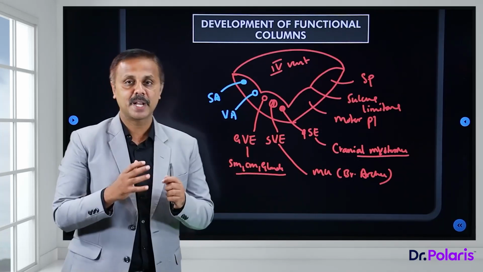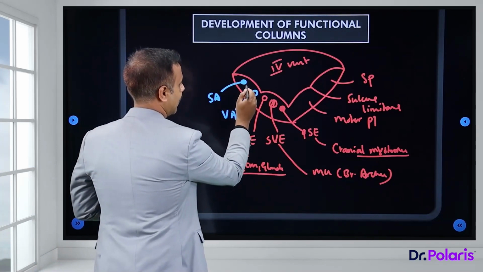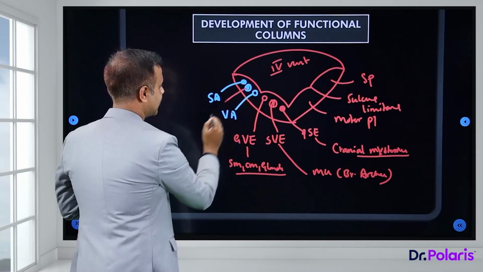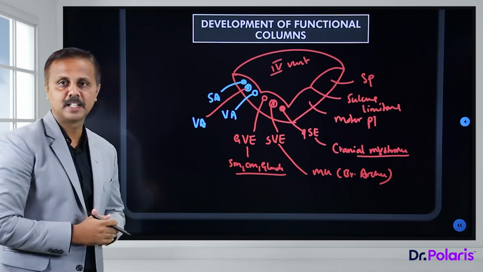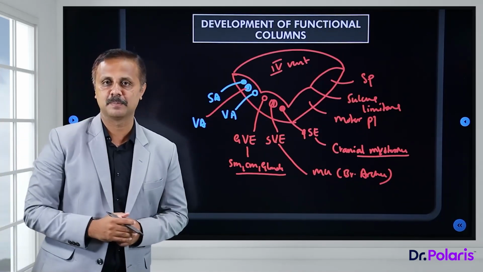Similar to this, the branchial arches also need afferent fibers, and in order to do this, we have one important functional column appearing here, and we call this the visceral afferent column. Now again, we have the confusion. We have two visceral afferent columns.